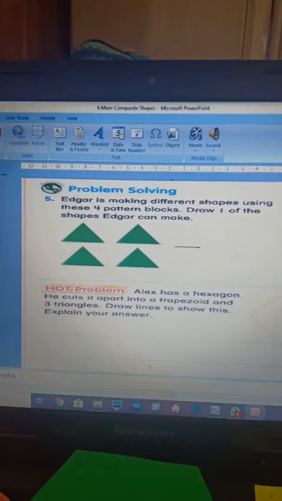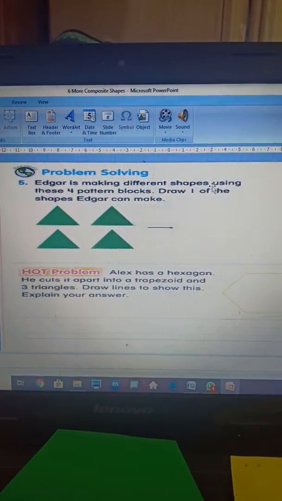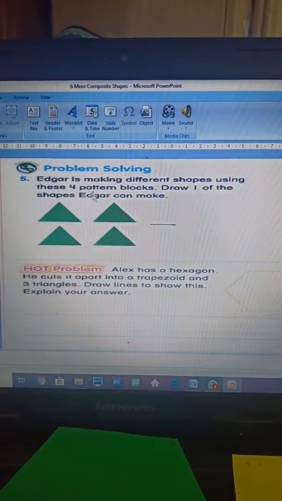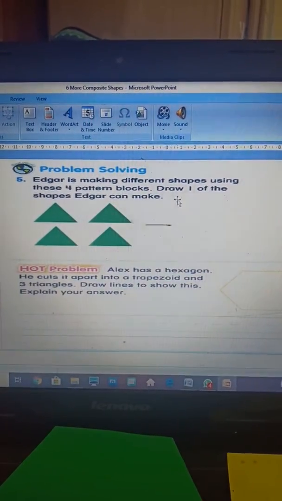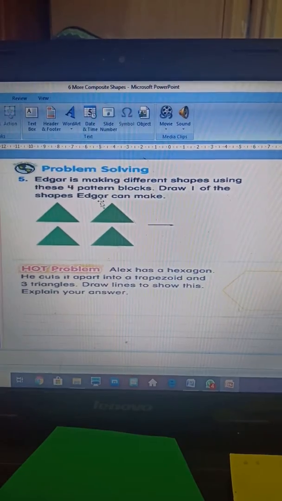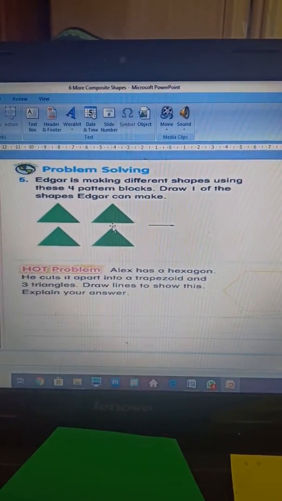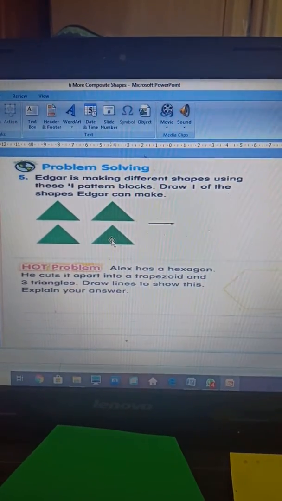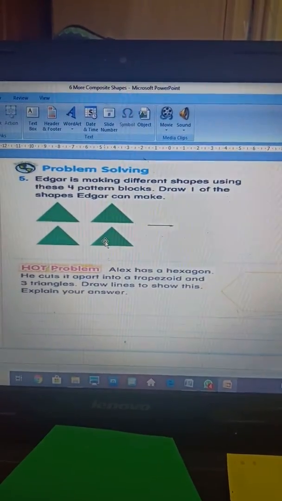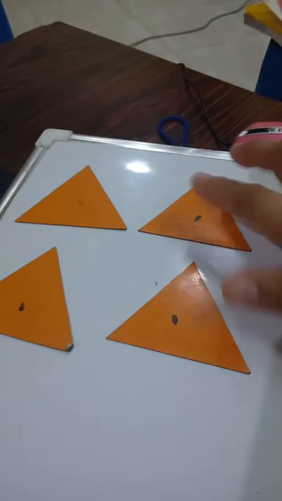Let's try to solve this one. Edgar is making different shapes using these 4 pattern blocks. Draw one of the shapes Edgar can make. So out of the 4 triangles, let's make it into a new shape. I have here the 4 triangles.